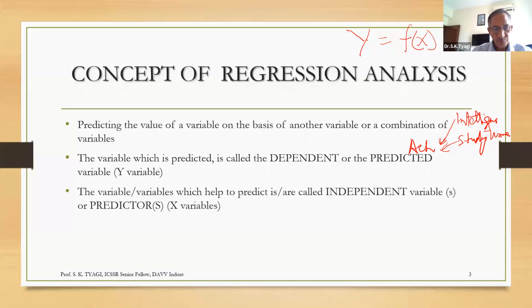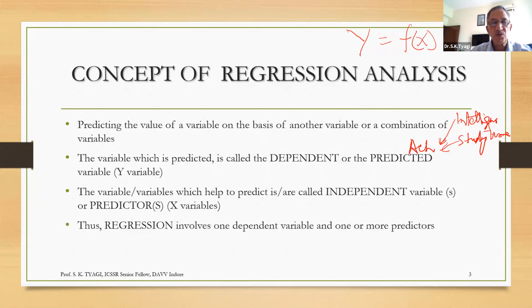Similarly, the variable or variables which help to predict are called independent variables or predictors, or simply the x variable. In this situation, achievement is the predicted variable or dependent variable, and intelligence and study hours are the two predictors. Thus, regression involves one dependent variable and one or more predictors.